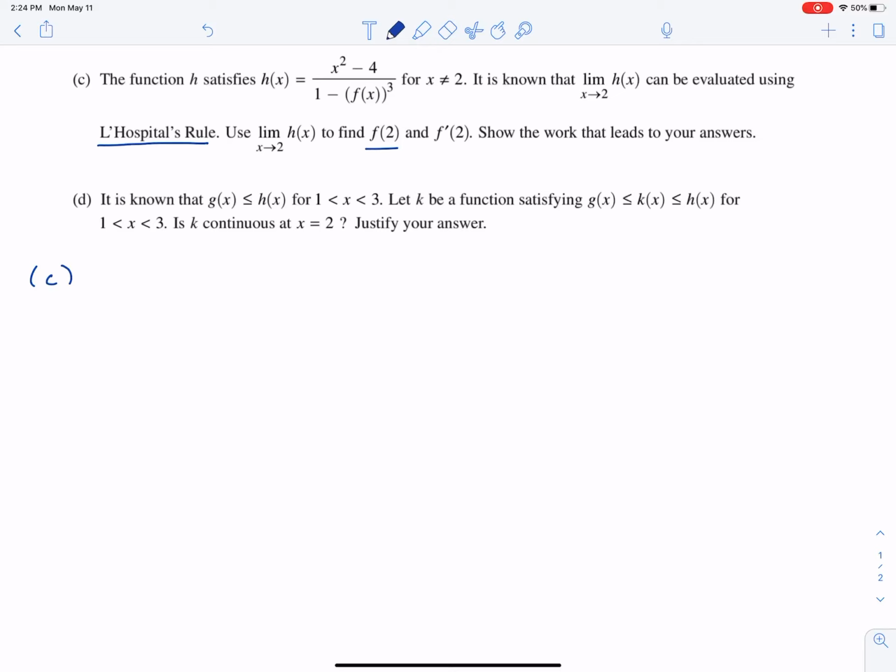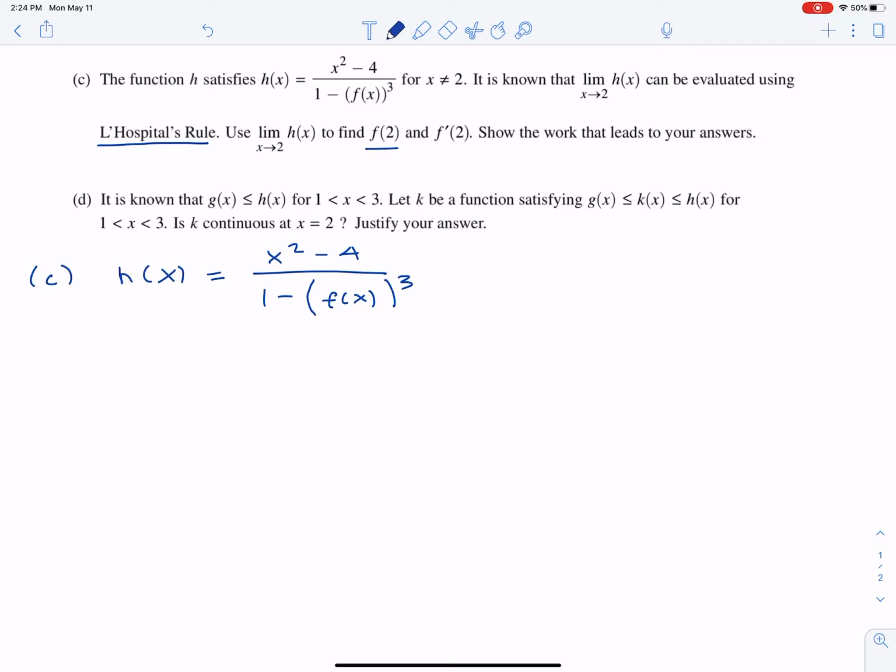Okay, so let's start with f of 2. We know a couple things. Let's look at our function real quick. We know off the bat that L'Hopital's applies.